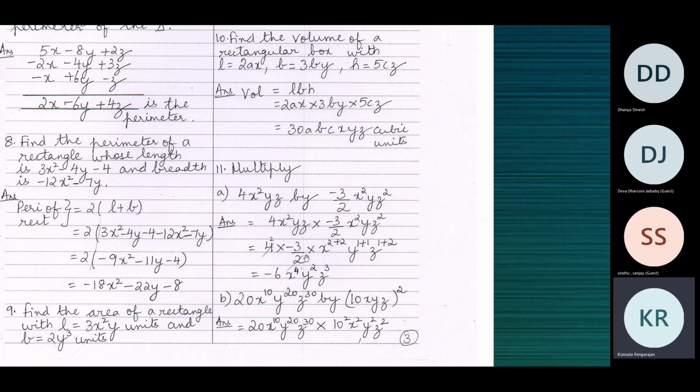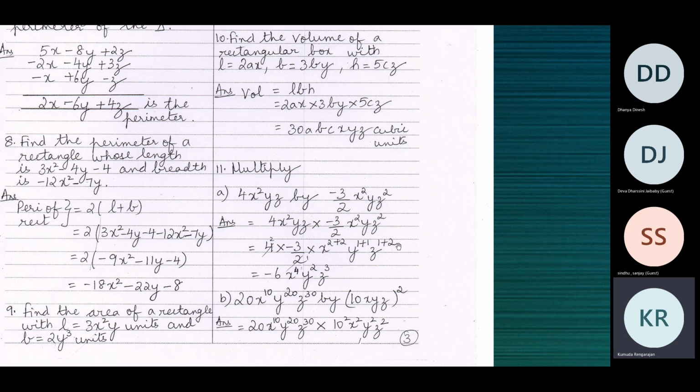So we'll multiply the numbers. 4 into minus 3 by 2. Then we'll multiply the terms that have the same base. You can see x square and x square here. So write x as the base and add the powers 2 plus 2. You can see a y here and a y here. So write y and add the powers 1 plus 1. Z here, z square here.